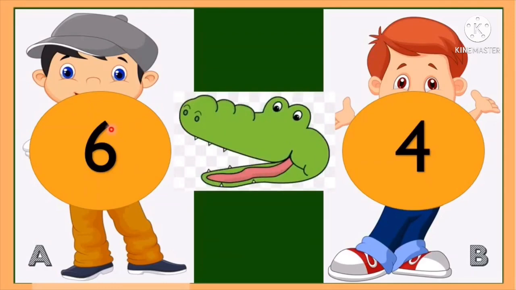Now, if the alligator is facing 6, that means it is open to close. What is that symbol? Very good. That is greater than. Alright? Remember, greater than, it faces the left. Less than, it faces the right.